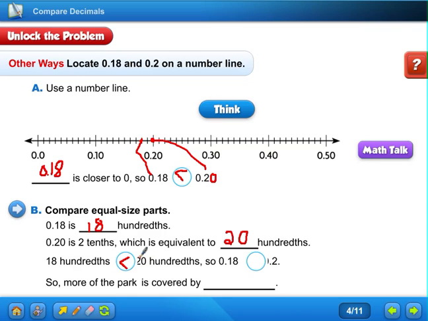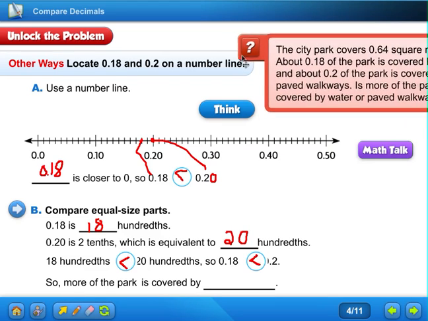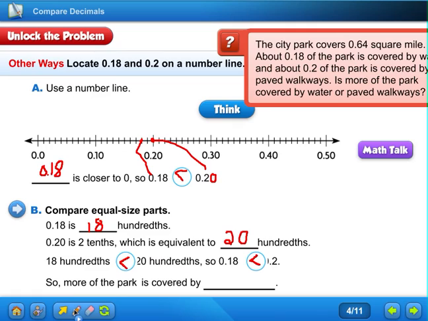That's supposed to be a 20. They just didn't move it over enough. So 18 hundredths is less than 2/10. So the park is covered more by, what did the 2/10 go to? The 2/10 went to paved walkways.